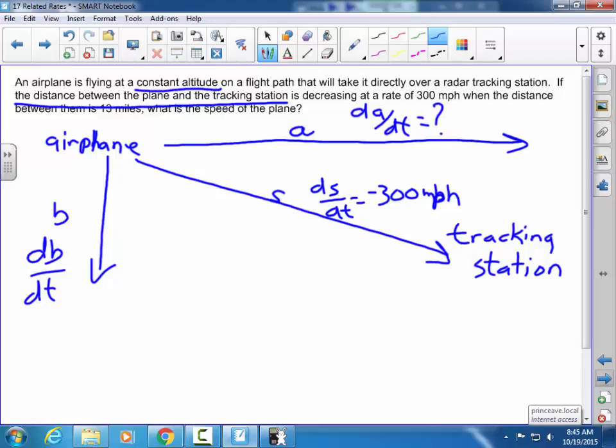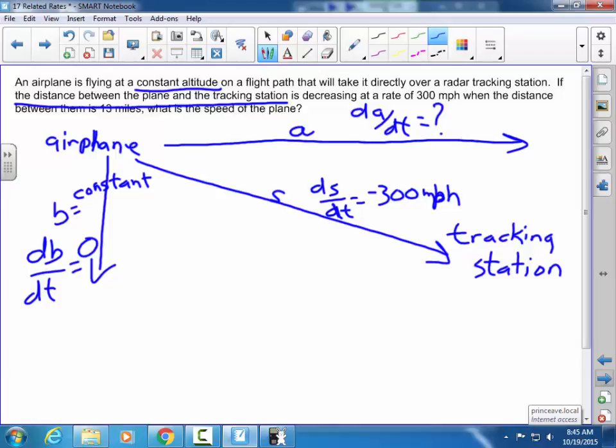No, B is a constant number. So dB/dt is 0. Now, do we know what that constant number is? No, we don't. Okay, so it doesn't really matter.